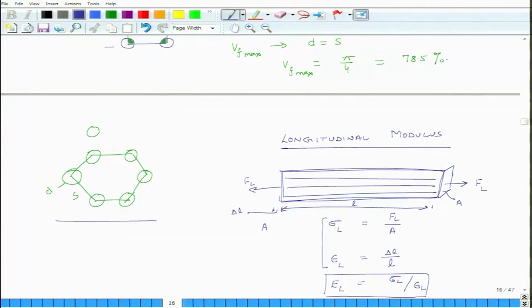So, this is the physical meaning of longitudinal modulus of a unidirectional composite. And physically the way I am going to measure it is, I take a piece of it, pull it in the length direction, find sigma L, find epsilon L, take the ratio, and I will be able to compute the modulus in the length direction, and that modulus I call EL.